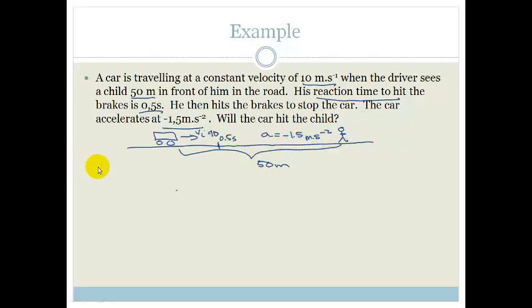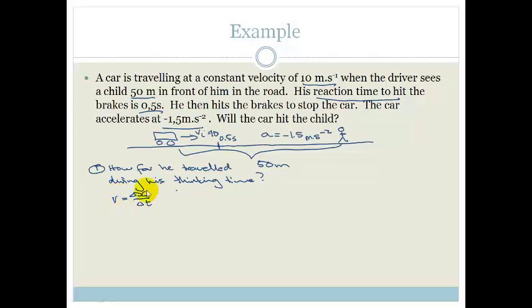So the first thing we need to do, step one, we need to know how far he traveled during his thinking time. And during his reaction time, he's not changing his velocity. So we know the velocity is change in displacement over change in time.